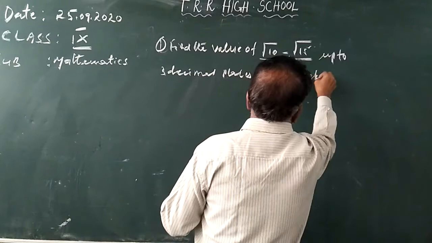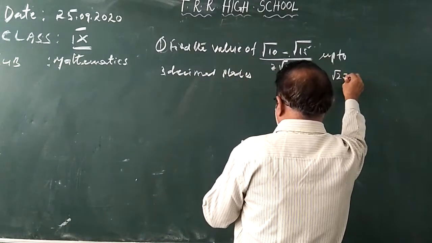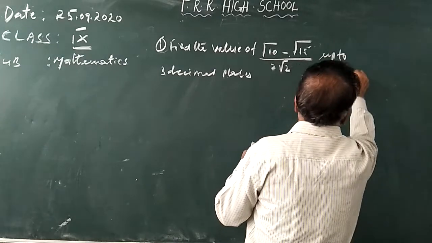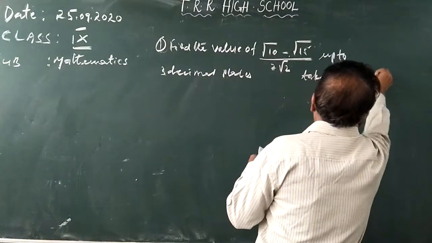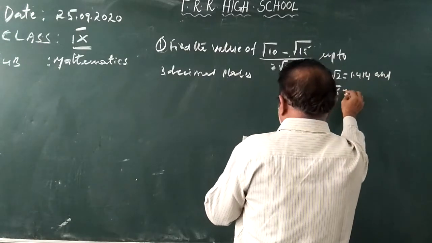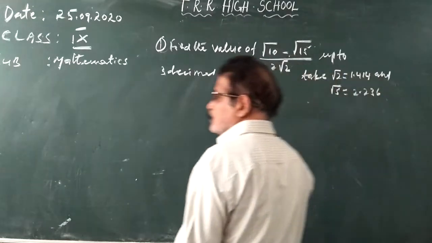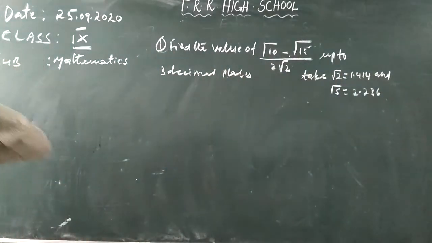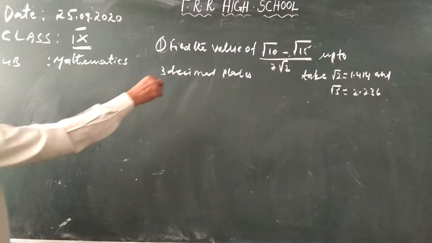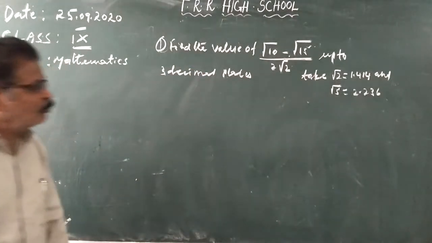Take root 2 equal to 1.414 and root 5 equal to 2.236. So let us simplify this. The given expression is root 10 minus root 15 by 2 root 2.